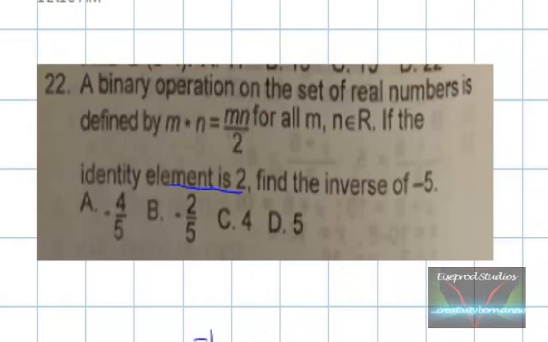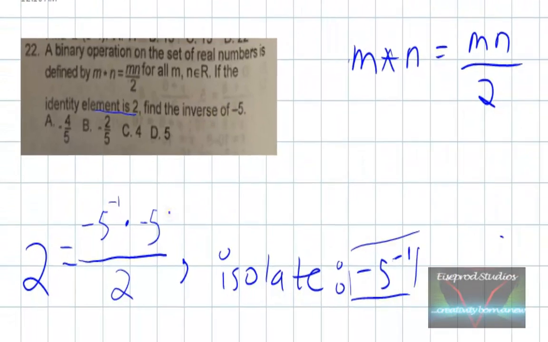So question 22 tells us a binary operation on the set of real numbers is defined by m star n is equal to mn over 2 for all m and n that are real. So if the identity element is 2, find the inverse of negative 5. So what they mean is they want our values of m and n to be negative 5 and the inverse of negative 5.